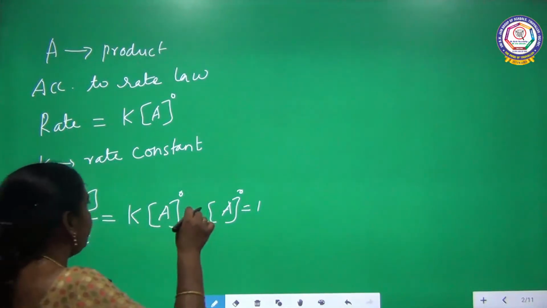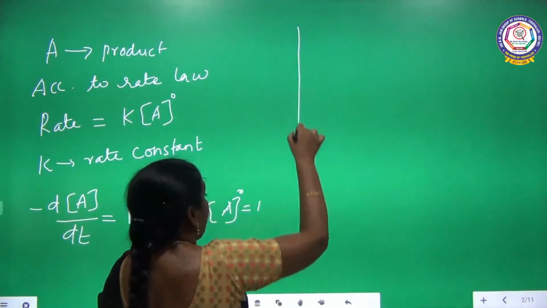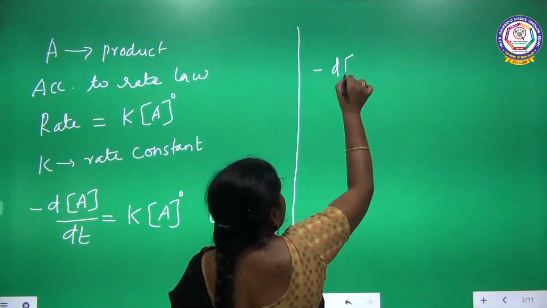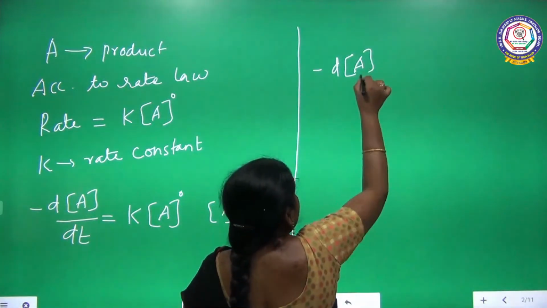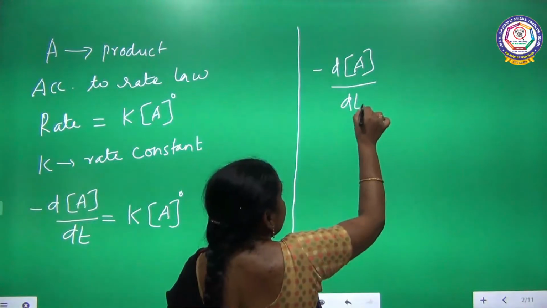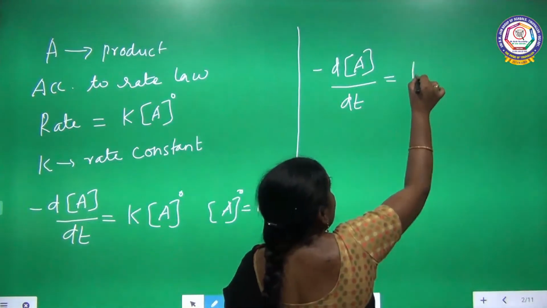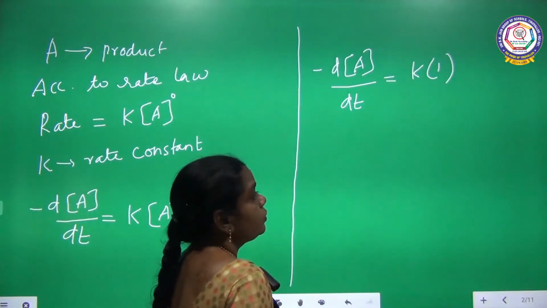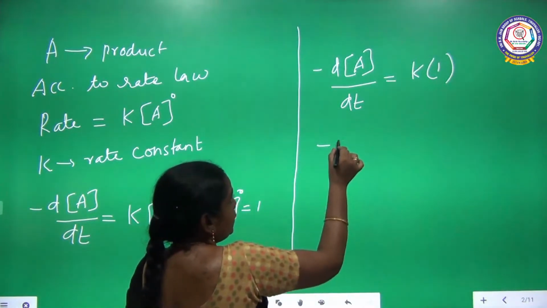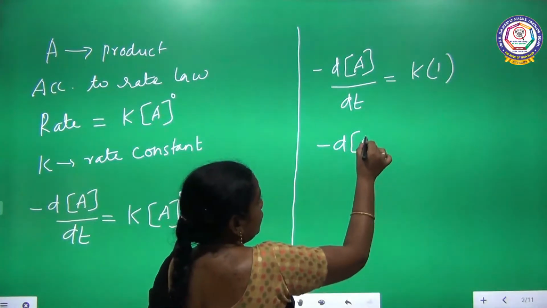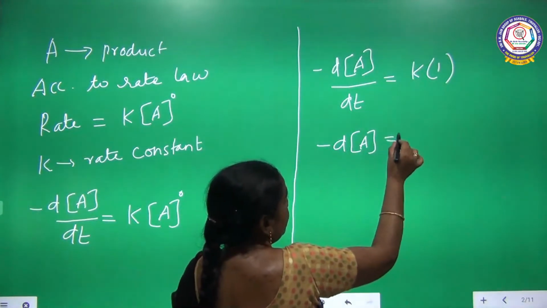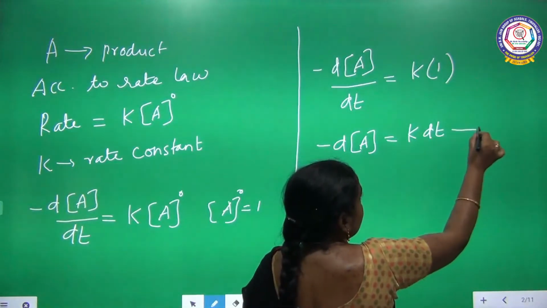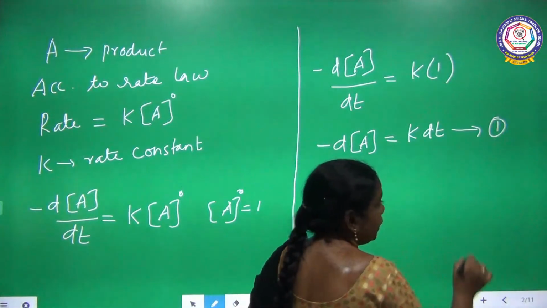So, this can be written as minus d[A] by dt equal to K into 1. Now, you rewrite this as minus d[A] equal to K into dt. So, this is considered as the first equation.